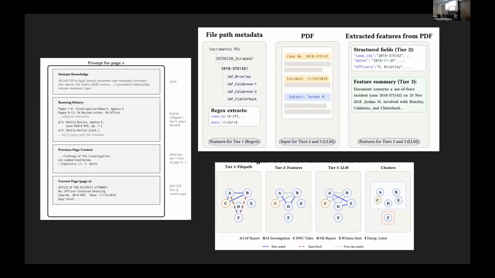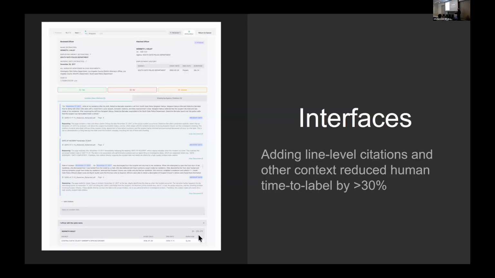One thing that's been super important about all of the engineering and software solutions that we've come up with during the course of this project is the importance of integrating human annotation, validation, and verification into the extraction process. And to that end, one of the key pieces that we've had to develop is useful interfaces to do that annotation and verification.